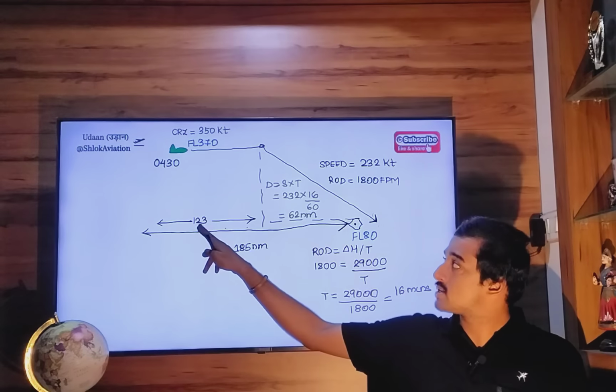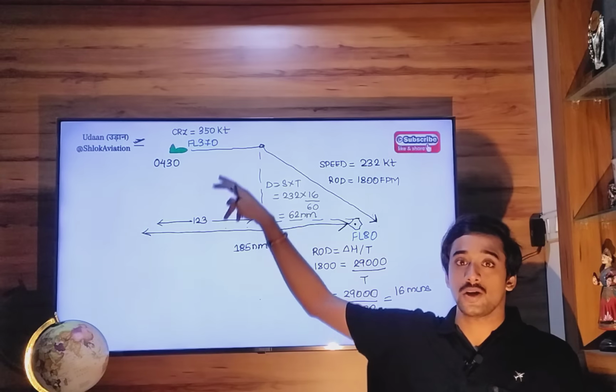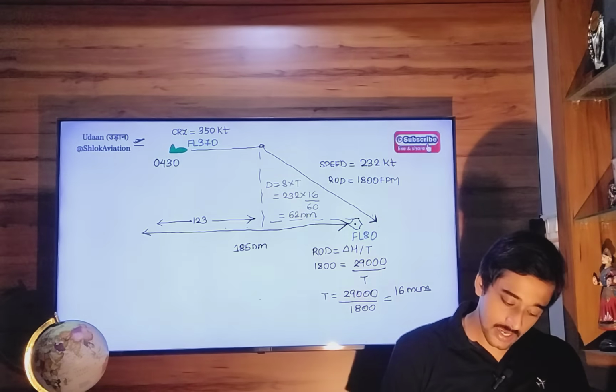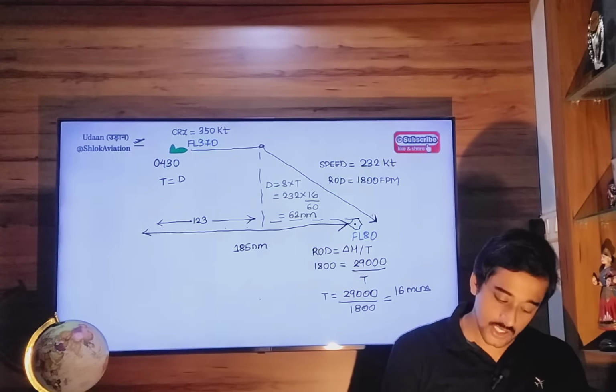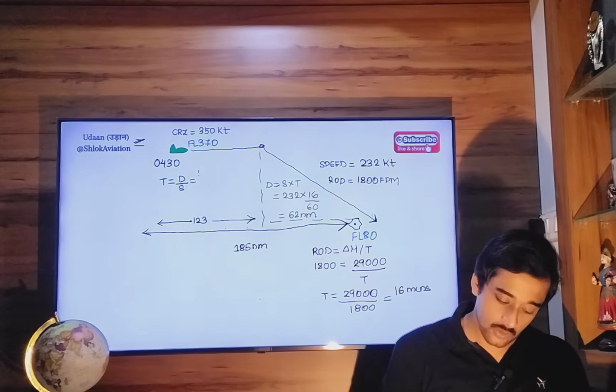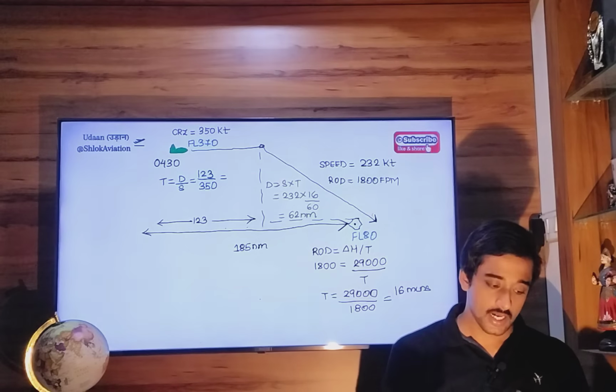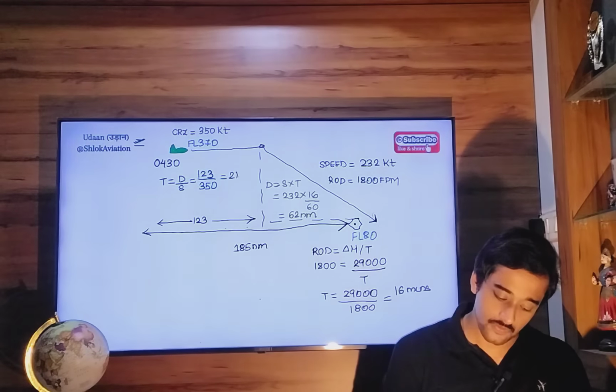So if you have the distance value, and you have the speed value, you can calculate time. So time taken will be equal to distance by speed, 123 by 350, is equal to 21 minutes.